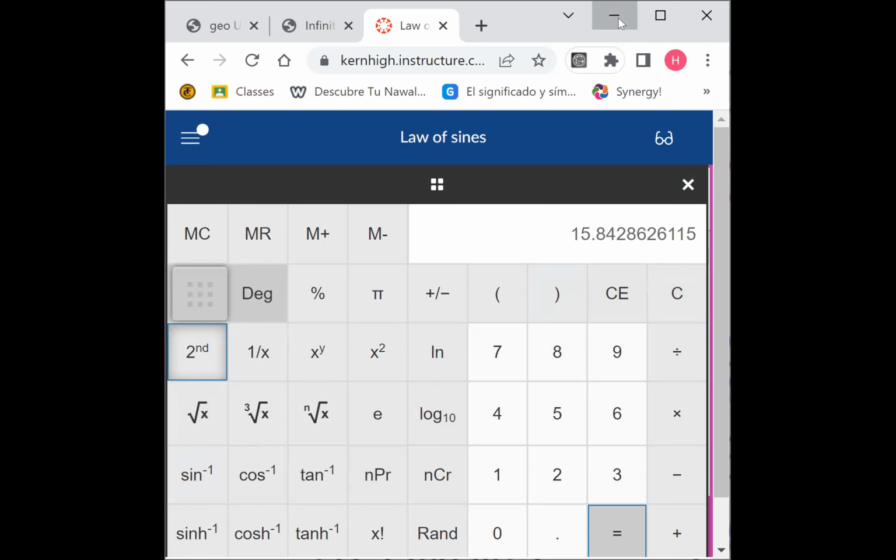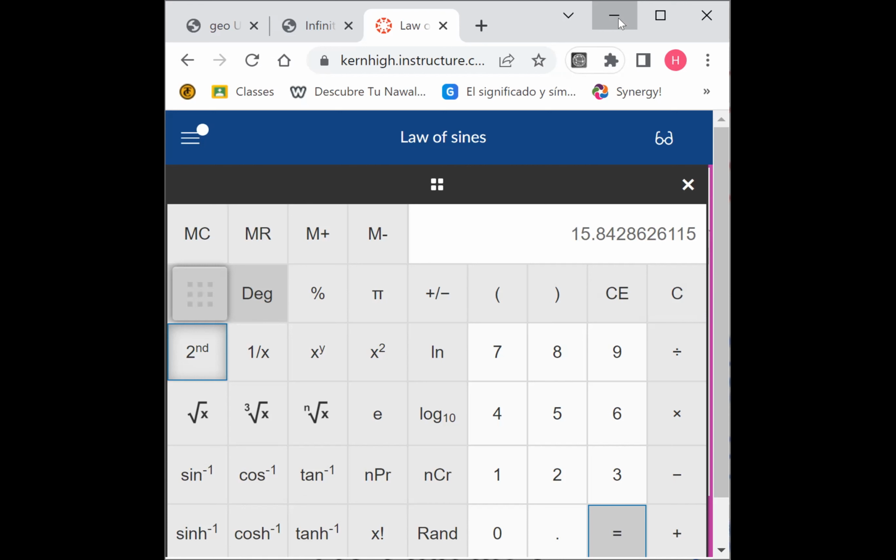All right, let's take a look at 58. So I have side A, side B, and angle C. So because I have angle C, I'm going to use C squared is equal to 21 squared plus 29 squared minus 2 times 21 times 29 times cosine of 109.